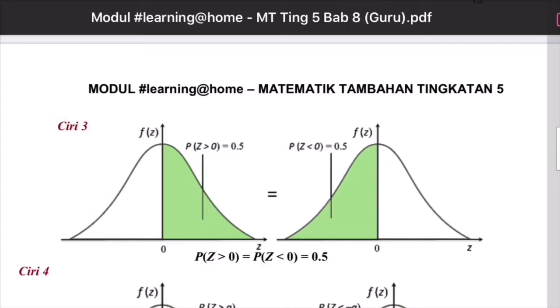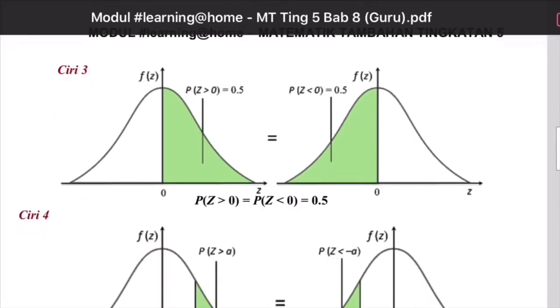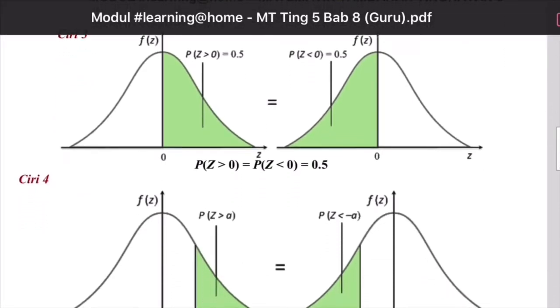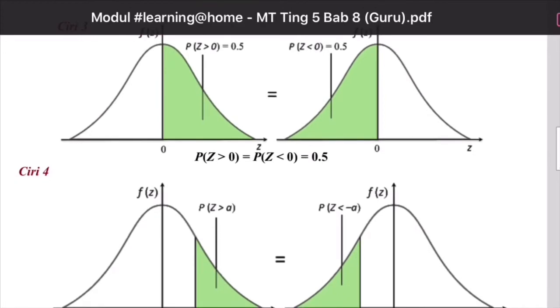It's exactly symmetrical at x equals 0, mean equals 0 for z-score. So for z more than 0 is 0.5 because the middle is at 0. More than 0 is to the right, less than 0 is to the left. So the area for half of the bell, to the right or to the left, is 0.5.